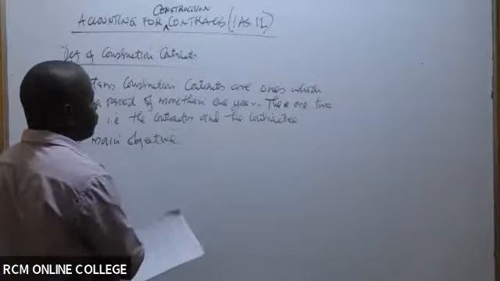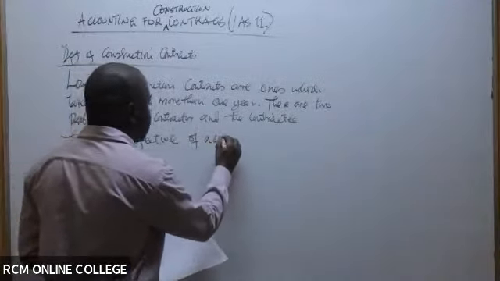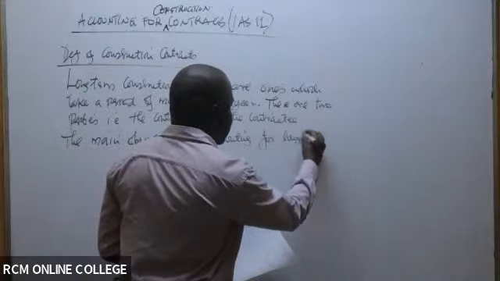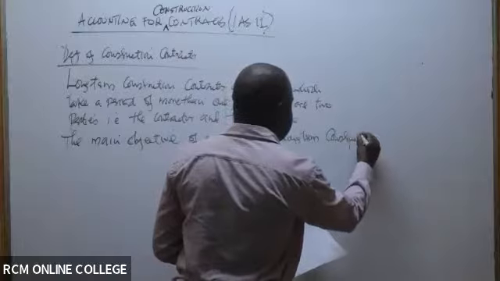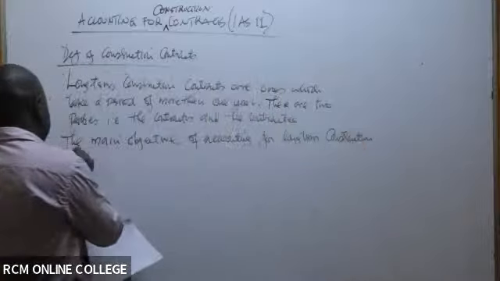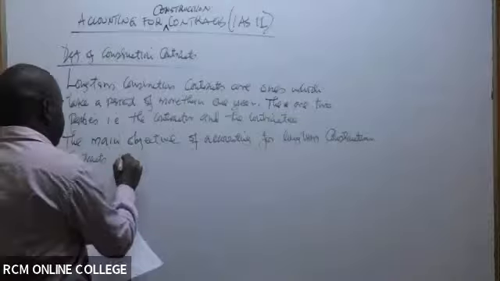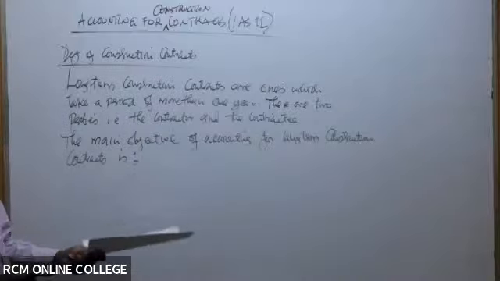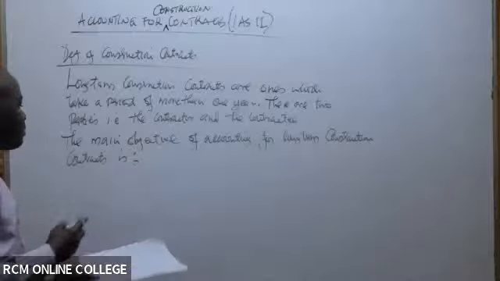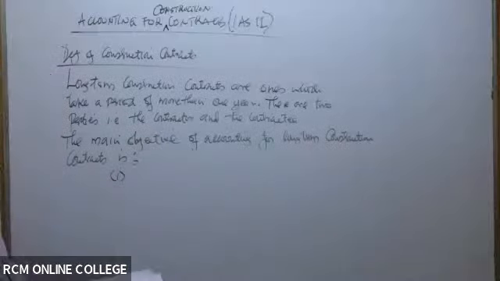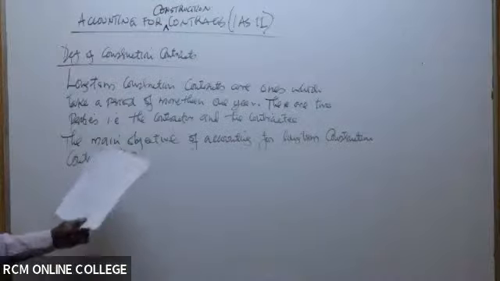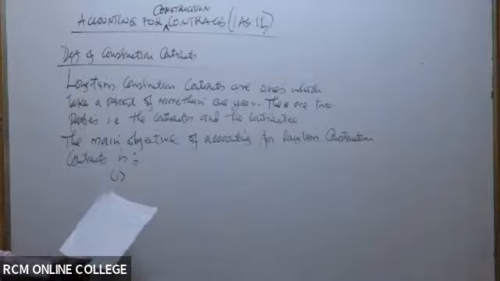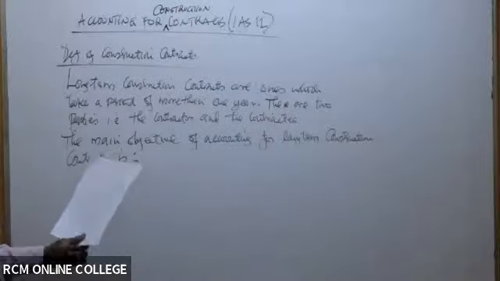So the main objective of accounting for long-term construction contracts, that the contractor has been given and which take a period of more than 1 year to undertake, is, number one, through the presentation of an income statement, because there are two key statements that are normally prepared: the income statement and the balance sheet, or statement of financial position.